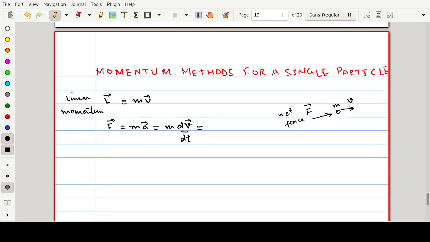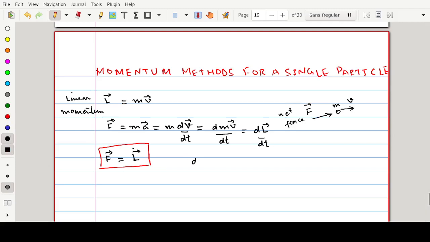Since the mass of the particle is constant, we can take it inside, d(mv)/dt, and mv is the linear momentum. So therefore what we get is force is equal to the rate of change of linear momentum, which is another way of expressing Newton's second law.